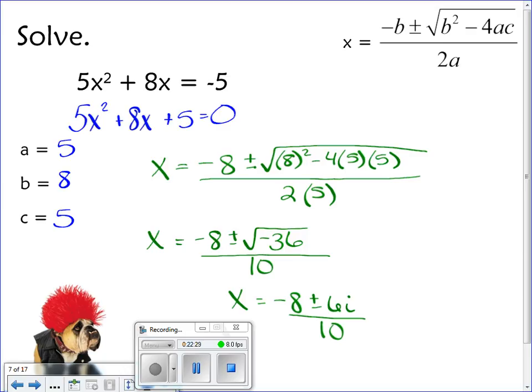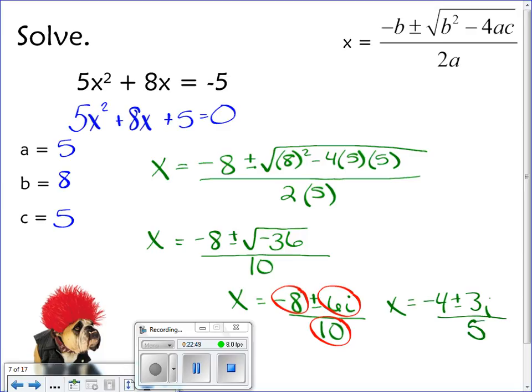I can divide them all by 2. And again, it has to be all 3 numbers. Can you do all 3 numbers by something? Yeah. So x equals, and divide them all by 2. So we get negative 4 plus or minus 3i all over 5.